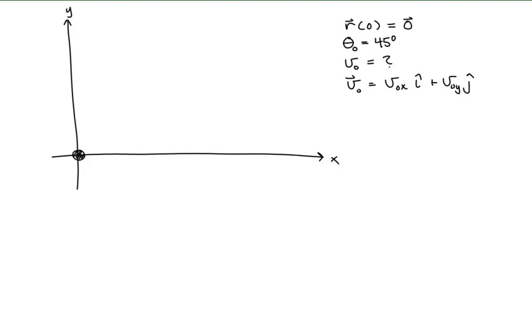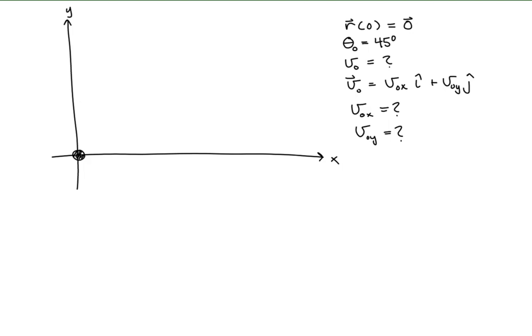Our goal is to find this initial velocity, the x component of the initial velocity, and the y component of the initial velocity. To help us do this, let's add those to our sketch.